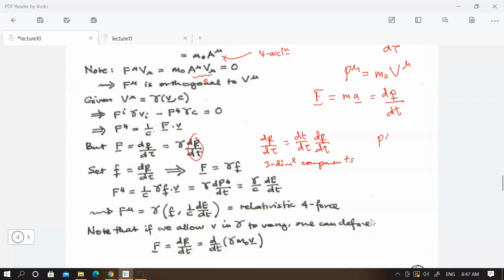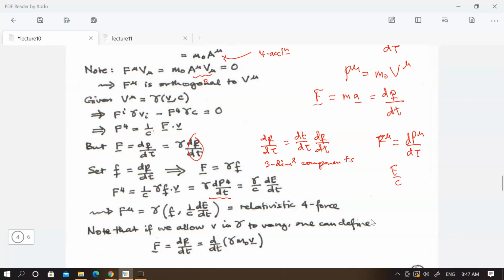Your F mu is the derivative of P mu, and we are just concerned with our fourth component. The fourth component F4 from this equation gives you this. If you look at what this is, your fourth component of P mu is just E over c.